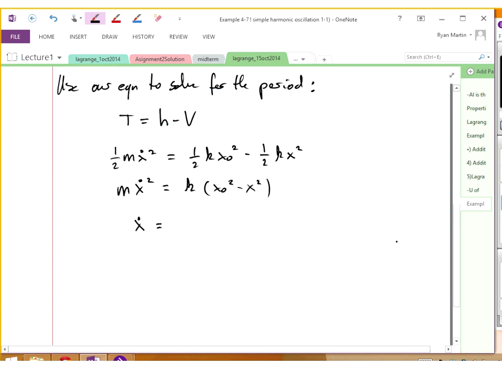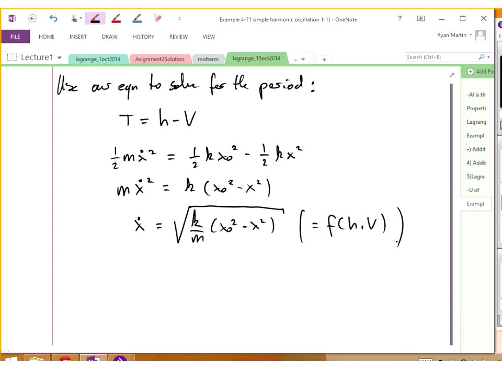All right, that's equal to our function f of h and V. And so now we can write that the integral dt is equal to the integral of dq over f of h and V, right?